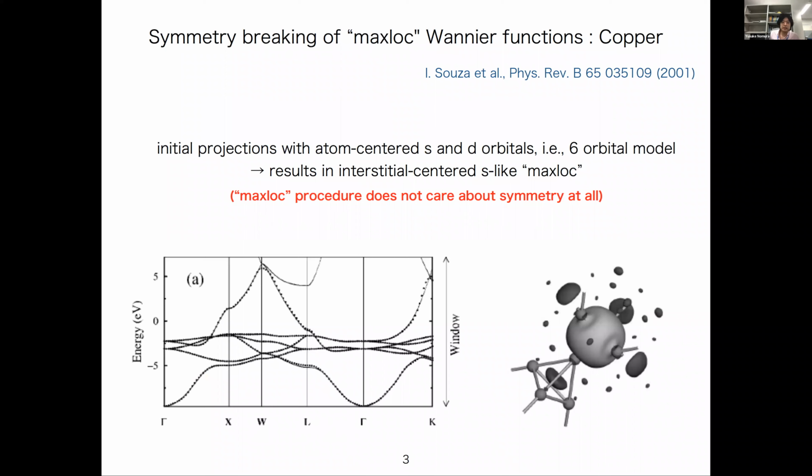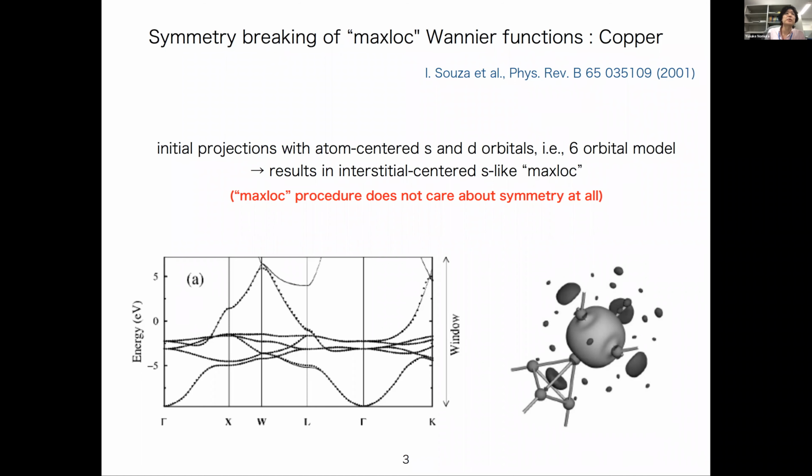But there is some problem if we want to make atom-centered Wannier functions. For example, the famous example is the case of the simple cuprate.